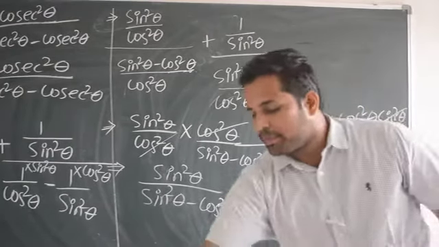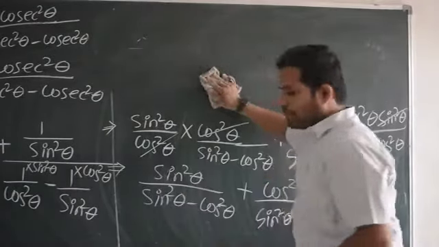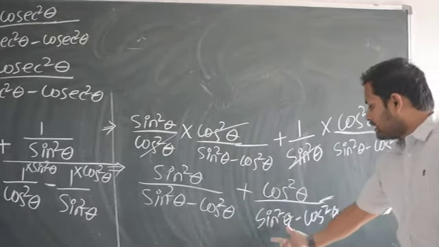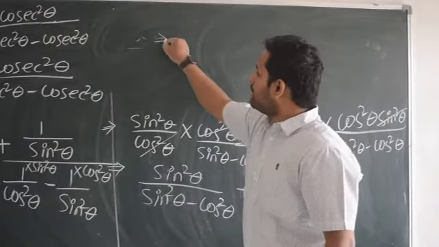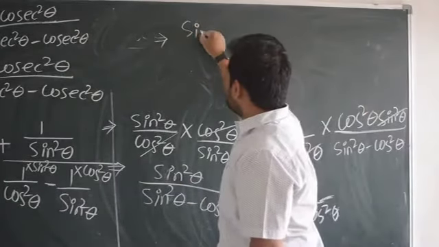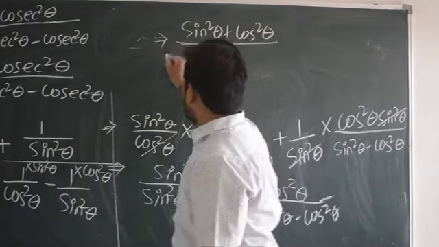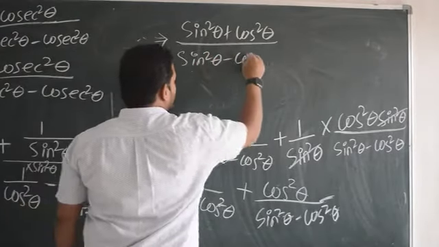Let me rub this above part so that I can solve the remaining problem also. Now observe this. I have this denominator sin square theta minus cos square theta. Here also I have sin square theta minus cos square theta. So then I can add the numerators. What is that? Sin square theta plus cos square theta. Then it becomes sin square theta minus cos square theta in the denominator.